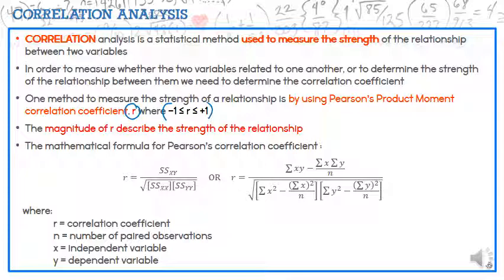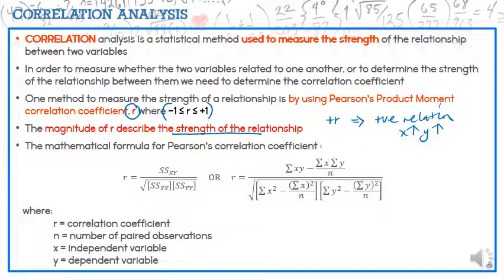The magnitude of R describes the strength of the relationship, and the symbol, positive or negative, describes the direction of the relationship. So positive R means positive relationship, which means that as X increases, Y tends to increase, or as X decreases, Y tends to decrease.